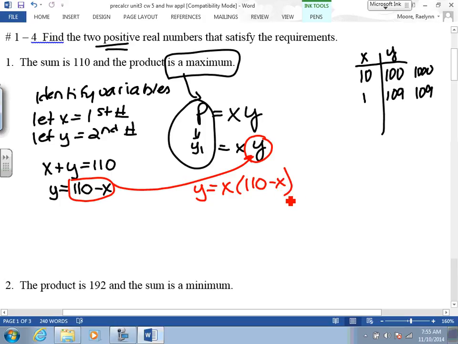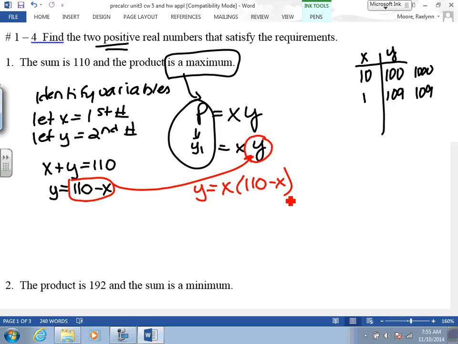You can put this exactly in your calculator. But you see your x squared? If I multiplied it out, you get negative x squared plus 110x. So my negative x squared is causing my parabola to open down. So this is going to give me my maximum. So we're going to put this in your y1, and we're going to sketch it.